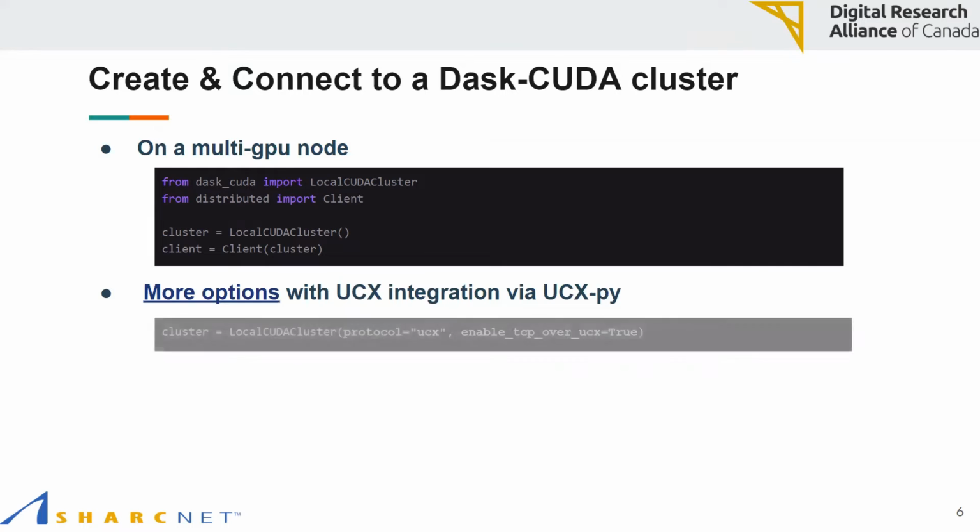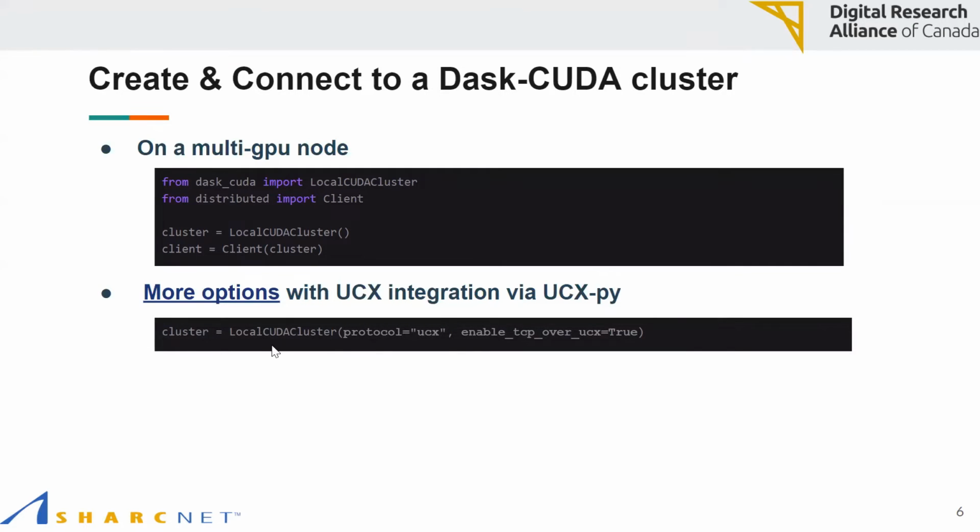This example is to specify the protocol as UCX and also enable TCP over UCX, which provides better bandwidth, or throughput, for the communication.